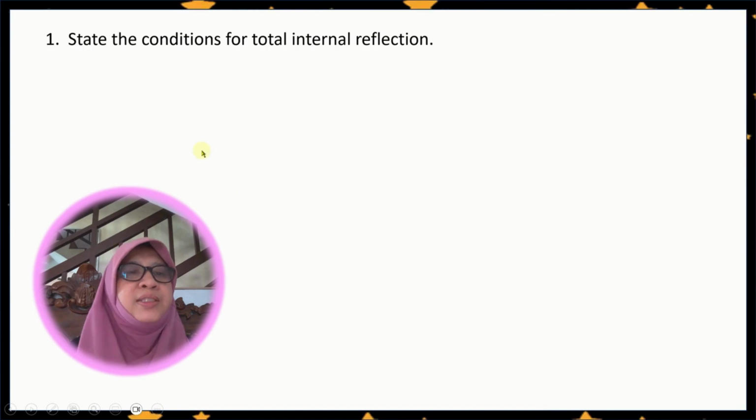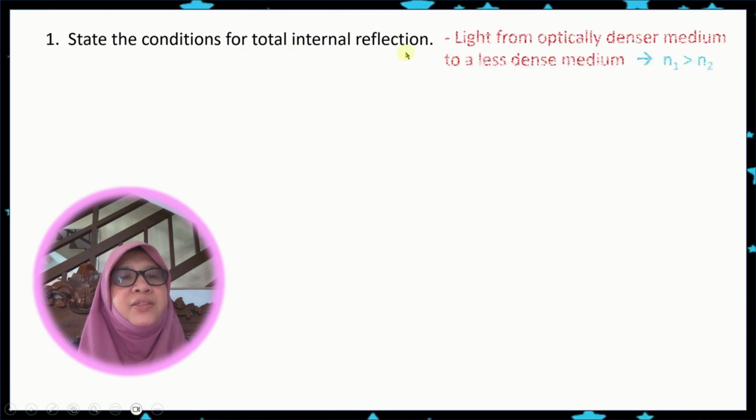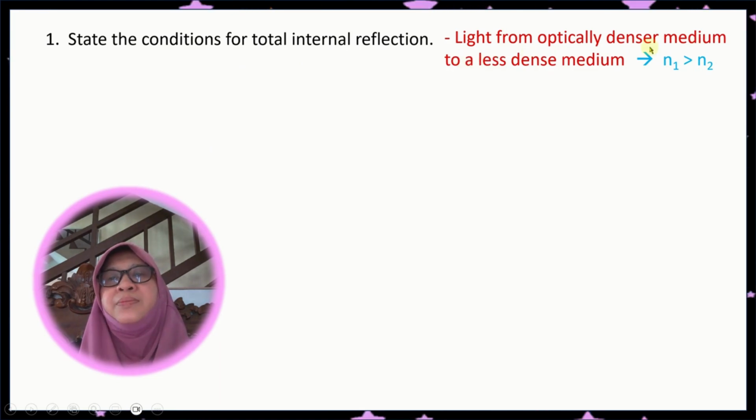Okay, the first question in part 2: state the condition for total internal reflection. The condition is that light goes from an optically denser medium to a less dense medium.